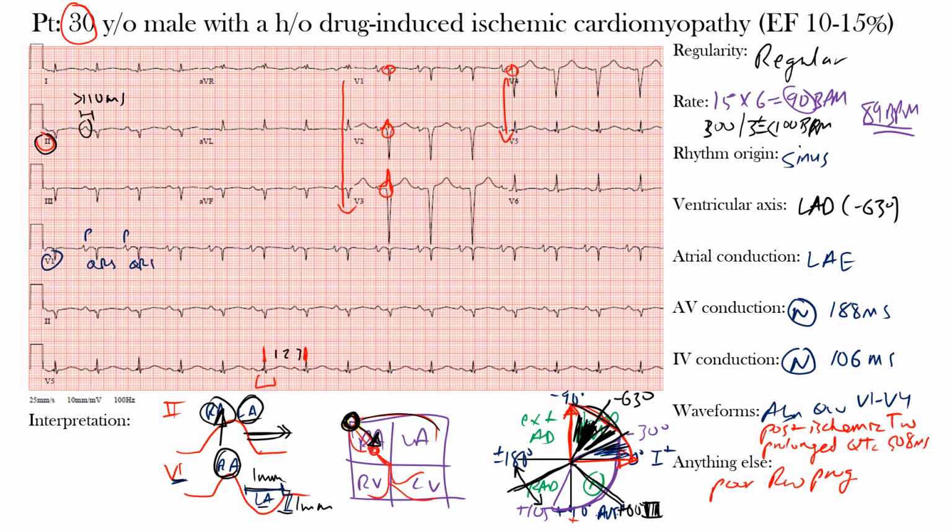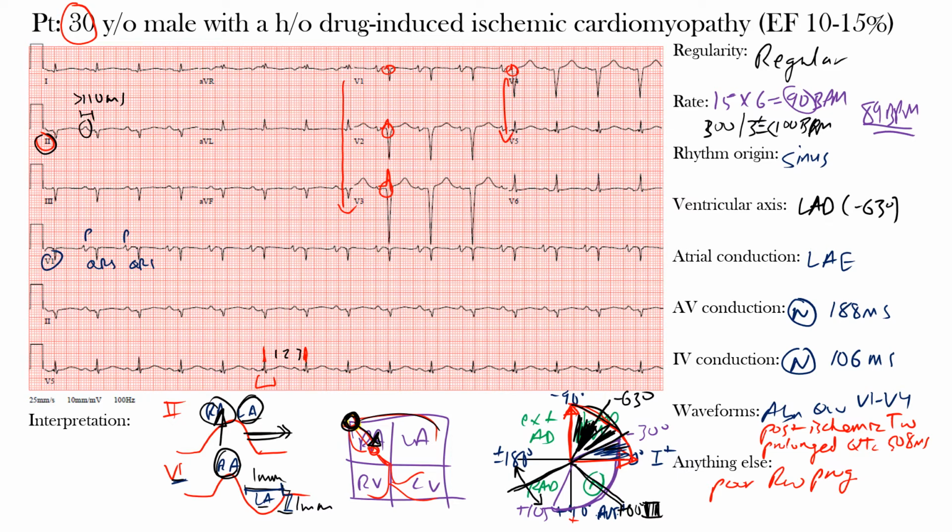Now, the transitional zone is something else that we have to look at. In the precordial leads, in this case, it appears to be between V4 and V5. What we mean by the transitional zone is the precordial lead where the QRS transitions from being mostly negative to mostly positive, with the actual transition area being where the QRS complex is isoelectric. Normally, the transition occurs between leads V3 and V4.